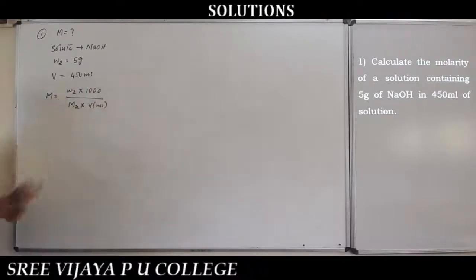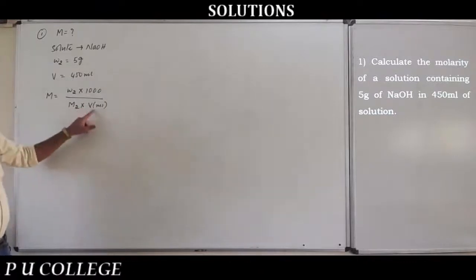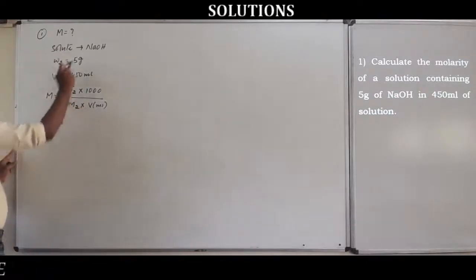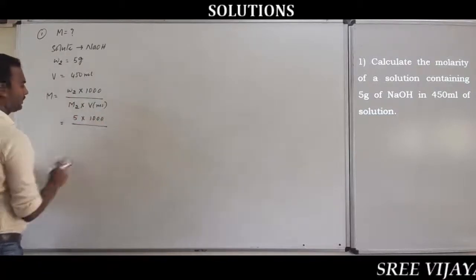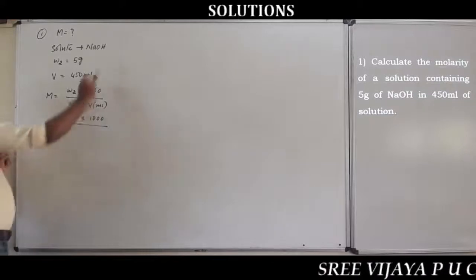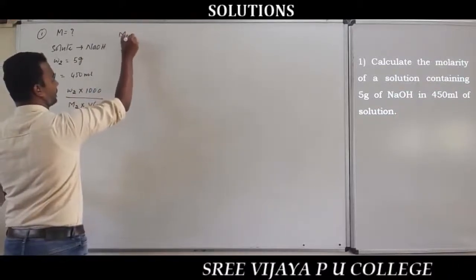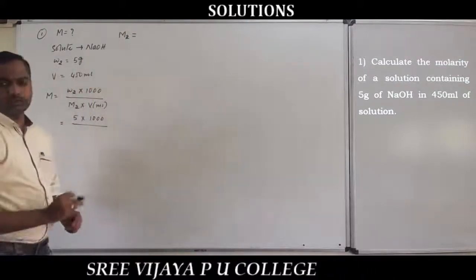That is W2 is the mass of solute, M2 is the molar mass of solute, and V is the volume of solution. So W2 is equal to 5 gram into 1000 whole divided by molar mass of solute. Solute is NaOH. So to calculate the molar mass of NaOH, M2 is equal to sum of the atomic mass of all the elements.